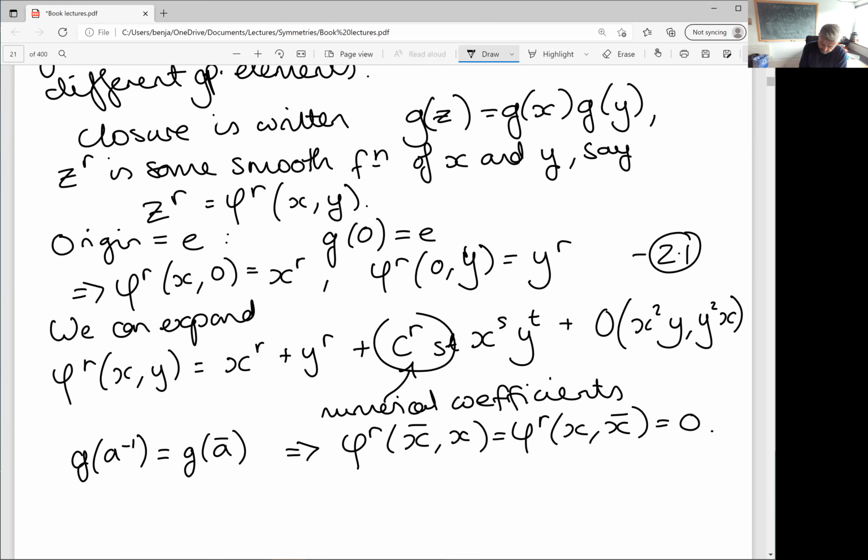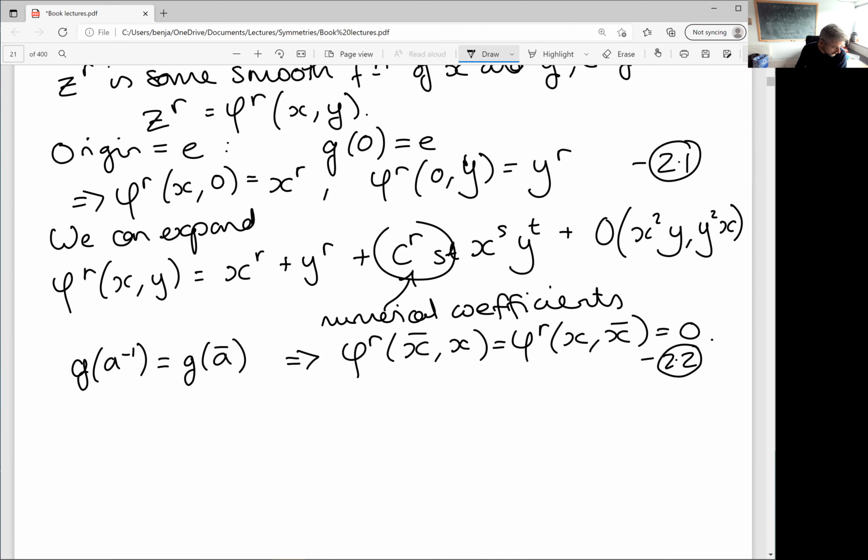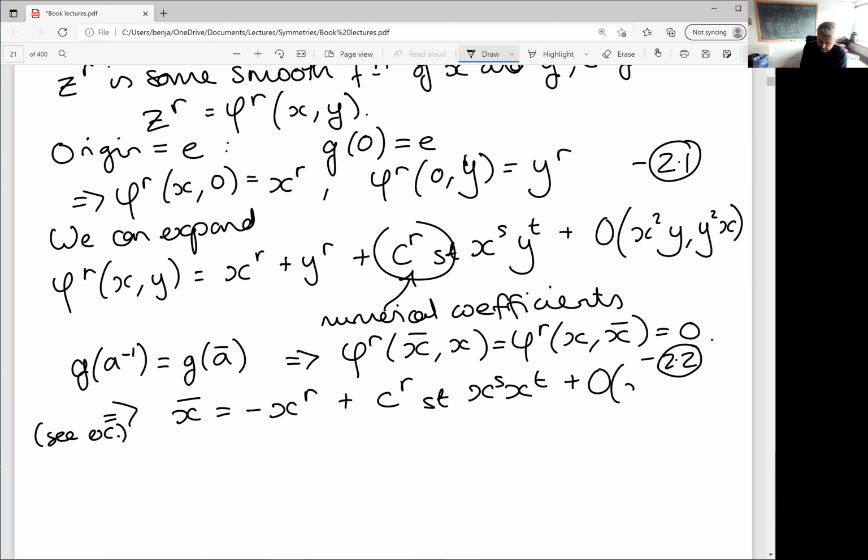This is 2.2. Again, from an exercise in the book, you will get that x bar^r is minus x^r plus C^r_st x^s x^t plus order x cubed terms.